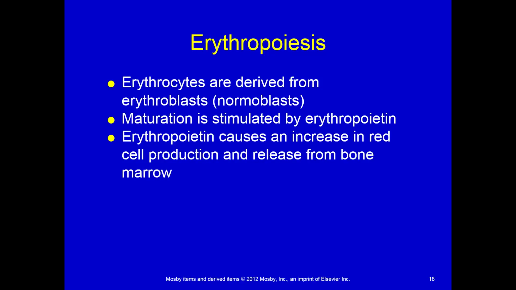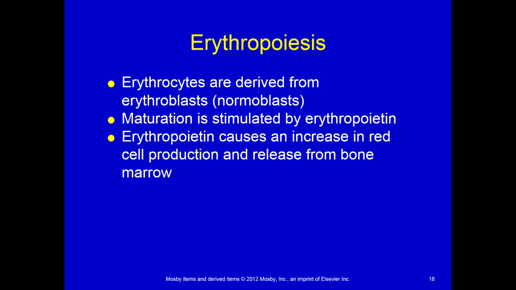So in response to any type of tissue hypoxia, there's a compensatory increase in erythrocyte production if the oxygen content of the blood is low. This could be because of anemia, because of living at a higher altitude, or because of pulmonary disease.